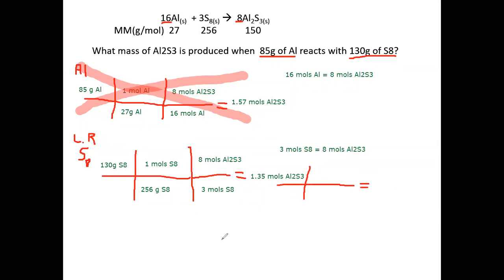So we're going to multiply by its molar mass. We get 202.5 grams of aluminum sulfide. So again, this is called the theoretical yield.